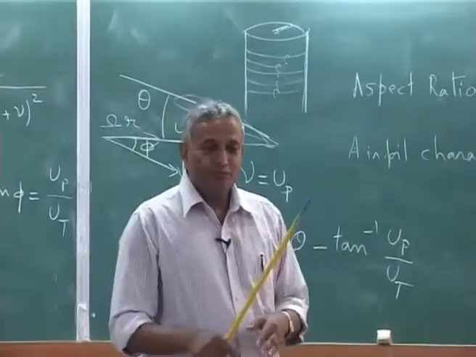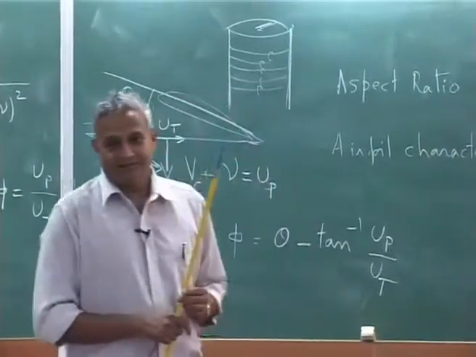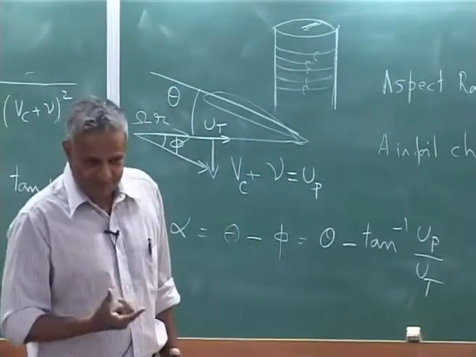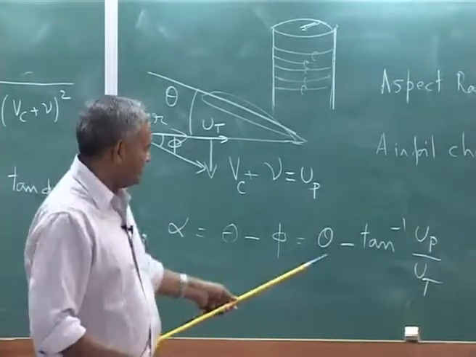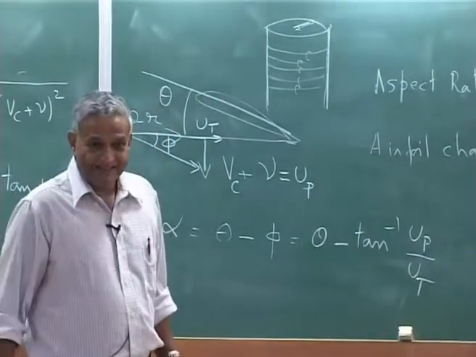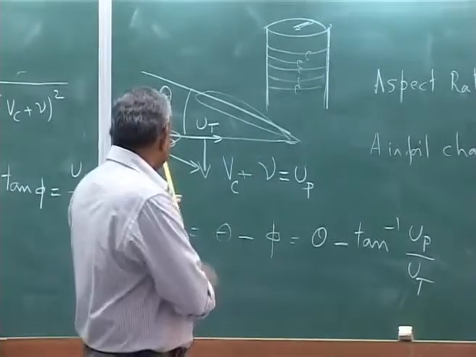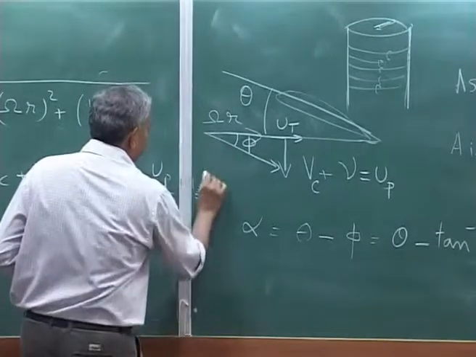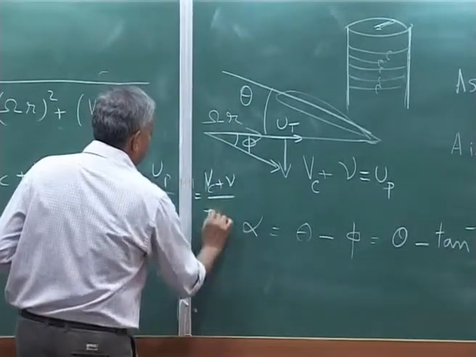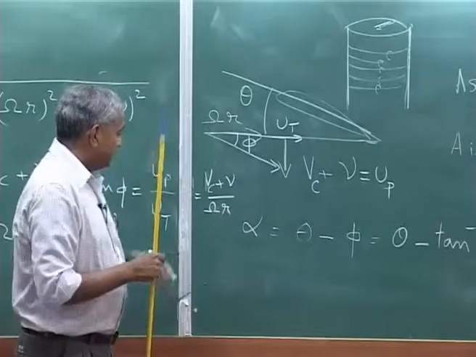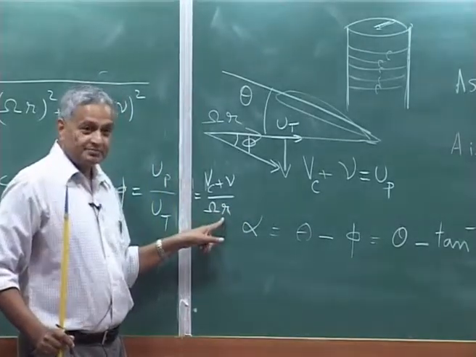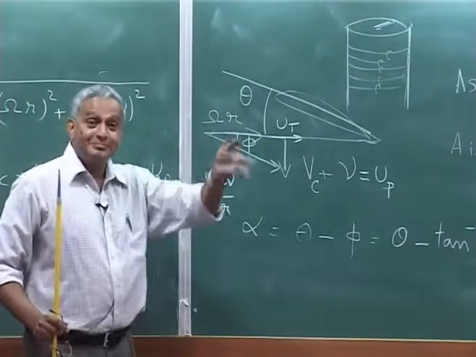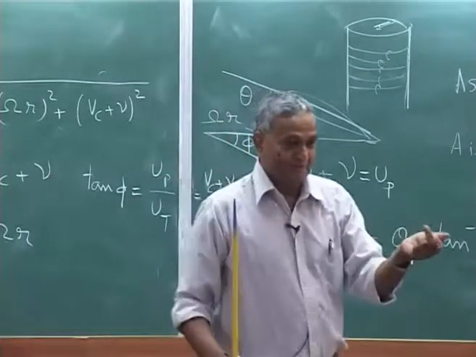Okay. You make now an approximation, because in a textbook form, if I have to give you a closed form solution, computationally you can always take tan inverse, no problem, but you know that as r decreases, this is nothing but V climb plus nu over omega r, this is very large, that means phi is going to become more and more as you come near the root.